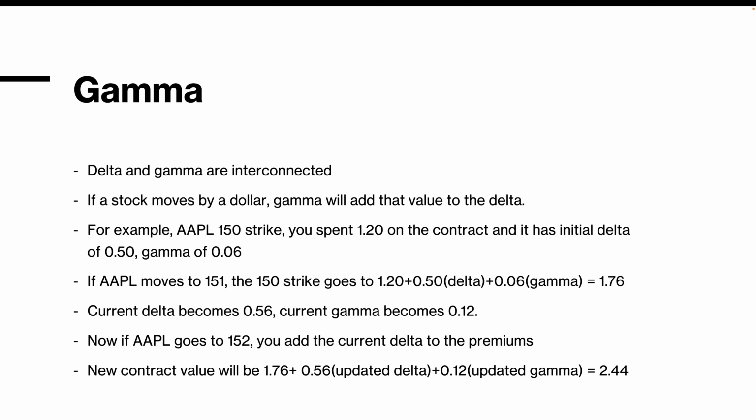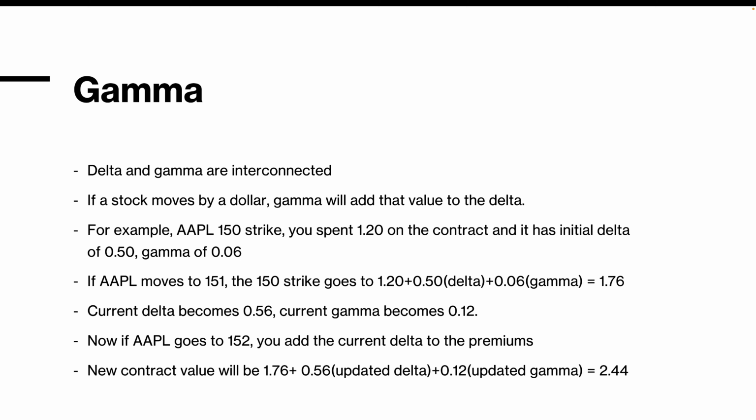It'll be like $56 instead of $50. So if Apple goes up to 152, you'll be making $56 for every dollar move instead of the same $50 as before. And now if Apple goes up again, $12 will be added in total, so technically you'll be making $62 for every dollar move.